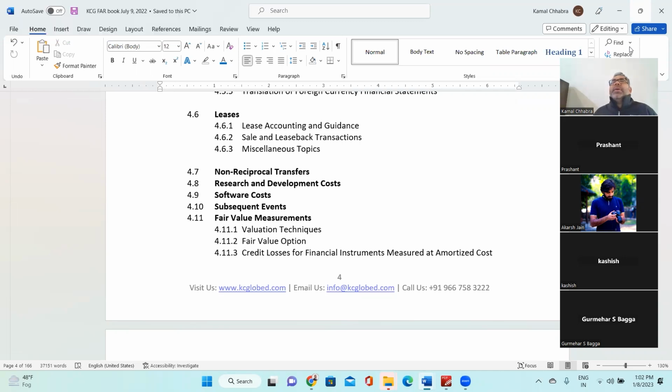What all leases are considered as an operating lease? How to treat the finance lease in the books of lessor? How to treat operating lease in the books of lessor? How to treat finance lease in the books of lessee? And how to treat operating lease in the books of lessee? All these categories we will be understanding.